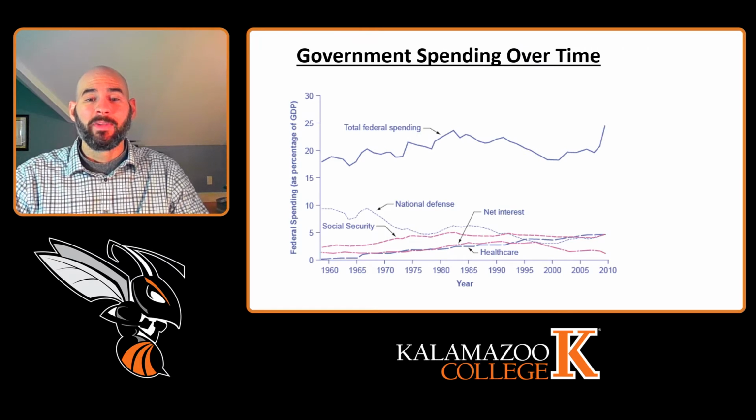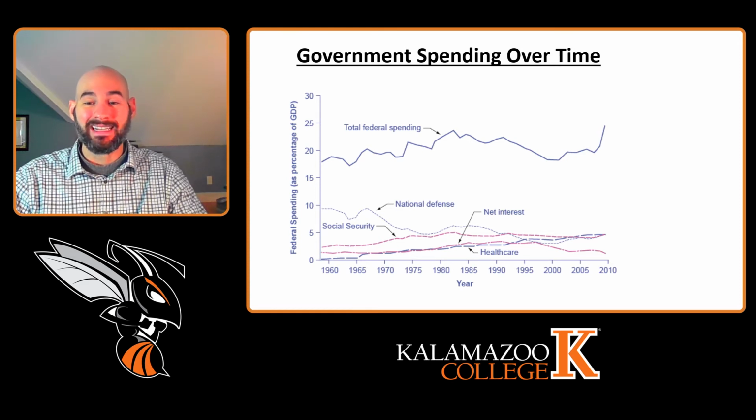So if we were to look at government spending over time in nominal values, we would note that government spending increased from $94 billion in 1960 to over $3,900 billion in 2014.